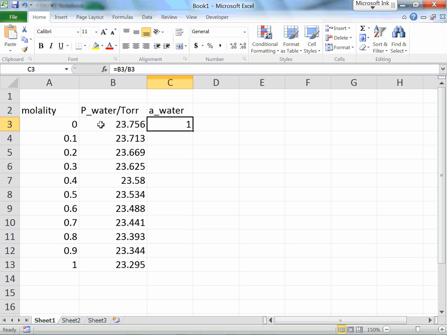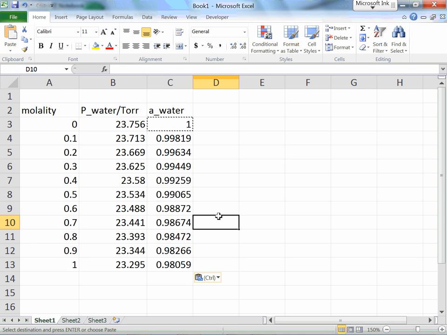But if I want to copy that down to the rest of my column, what should I do? In the denominator, PA star, I put a dollar sign so that the B3 in the numerator will change, but the B3 in the denominator will stay as B3. Edit it that way and then copy it down to the rest of the column. And those are your activities. If you look at the table in your handout, you'll notice that it is those numbers, right? So that's how you get the activity of your water.